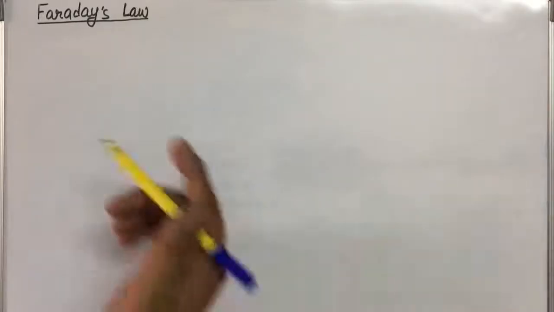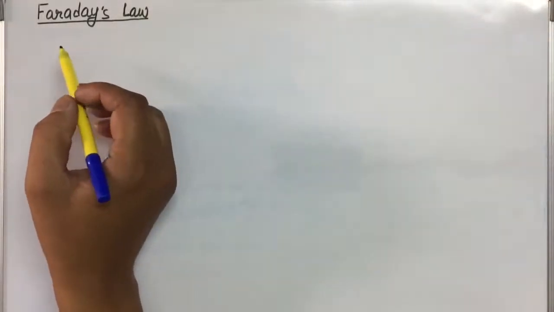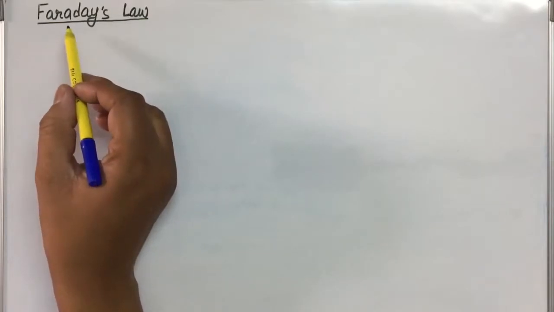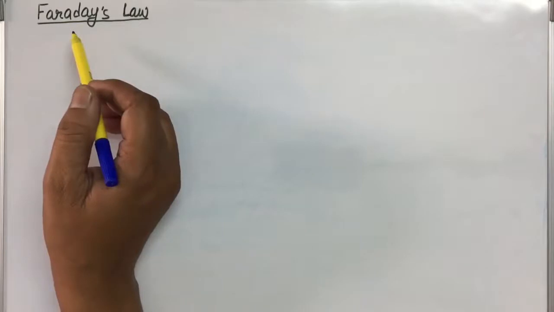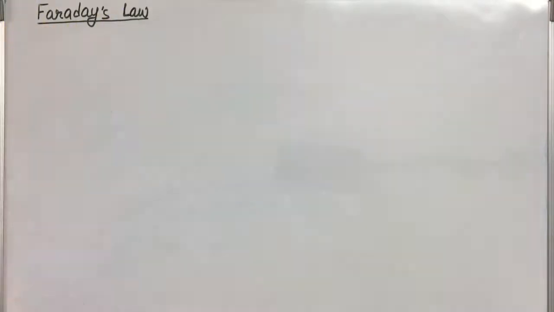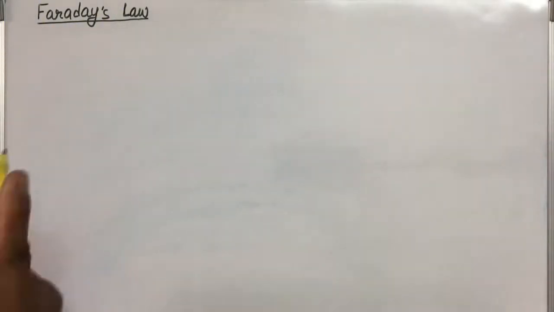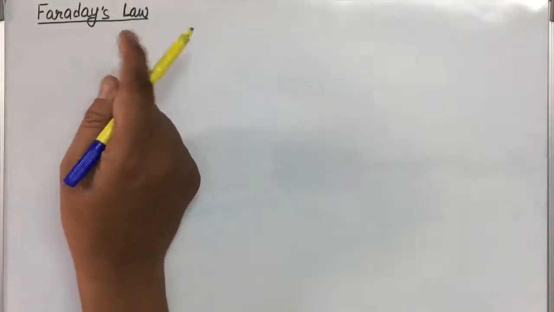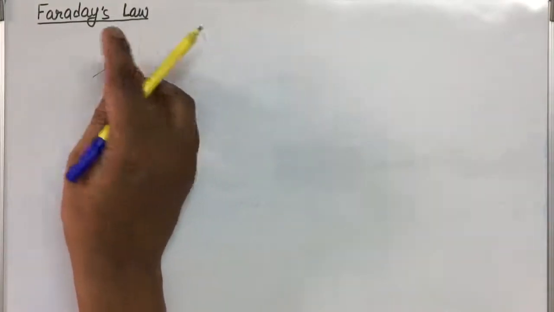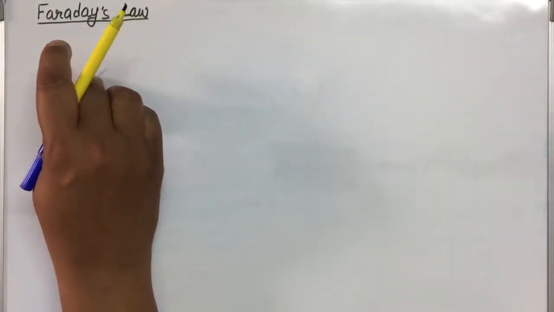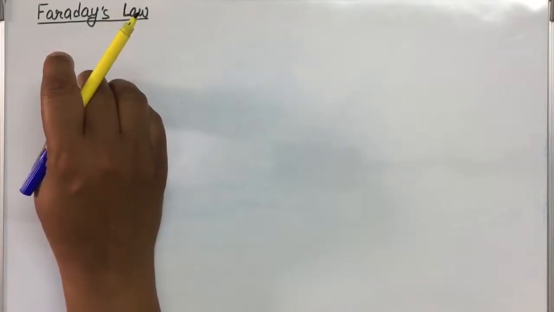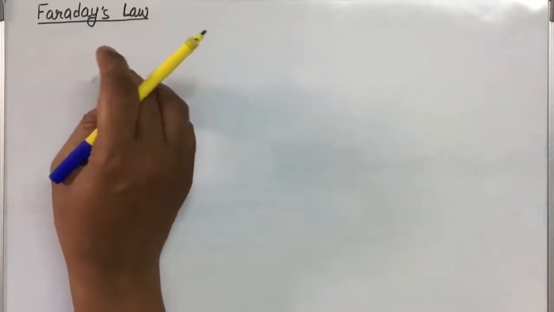Now let us discuss Faraday's law. Basically, it relates how a magnetic field can induce an EMF or an electric field in any material. We have seen that electric fields originate from charges and magnetic fields originate from currents.